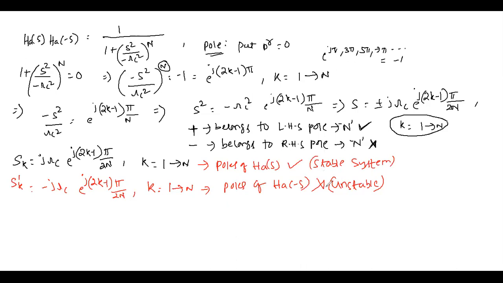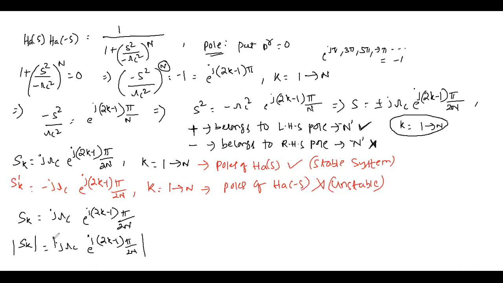Now what is the interesting thing you got here? See, now the poles of the Butterworth low pass filter are sk equals j omega c e to the power j (2k minus 1) pi by 2n. Now if you take the magnitude, what will you get? It was j omega c e to the power j (2k minus 1) pi by 2n.